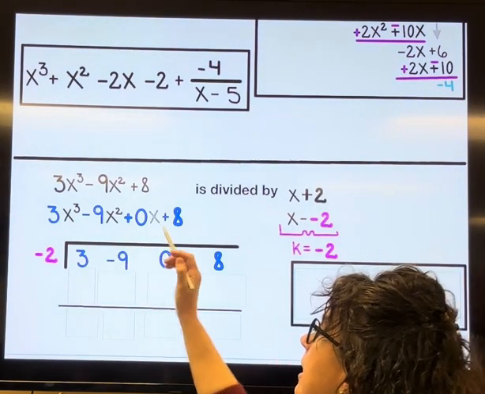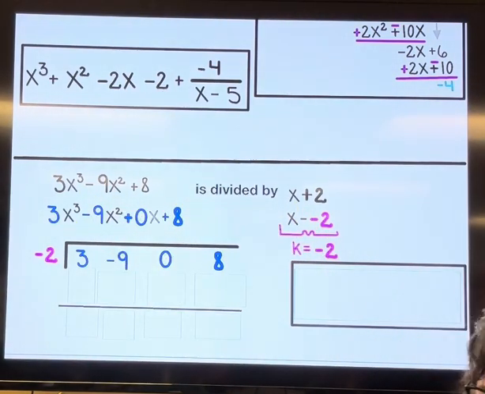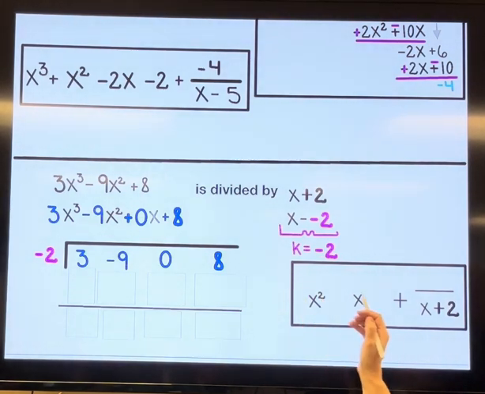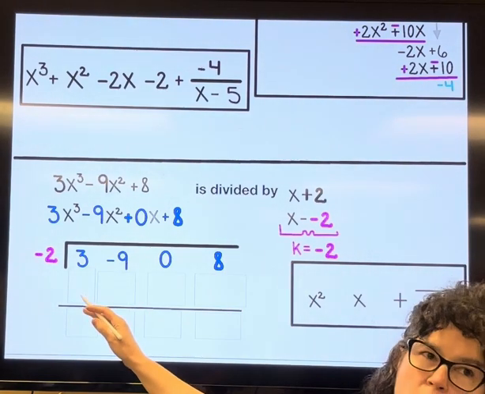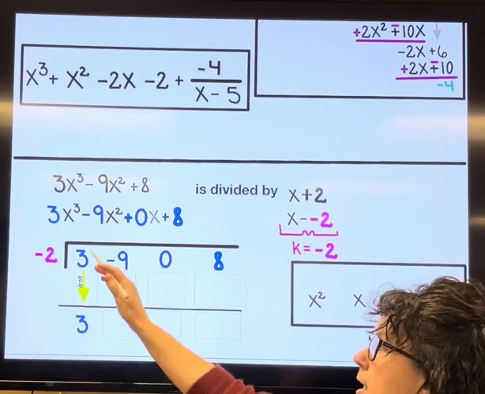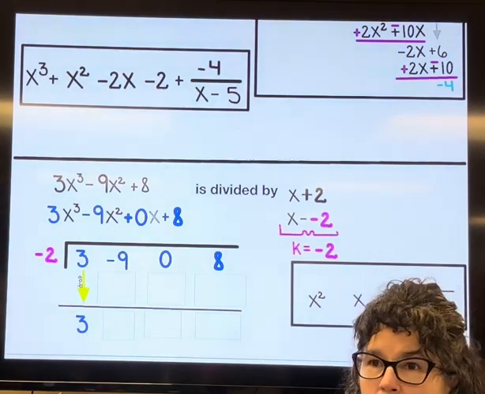If I'm dividing an x to the third by an x to the first, I'm going to end up with an x squared as my answer. So x squared, x to the first, a number and a remainder. So now we're going to find these numbers in front. So drop it down. So that 3 comes down. Multiply, add, multiply, add, multiply, add.